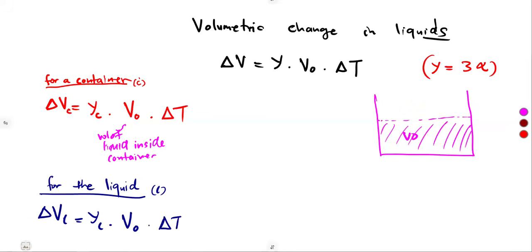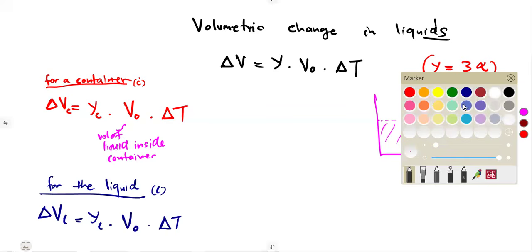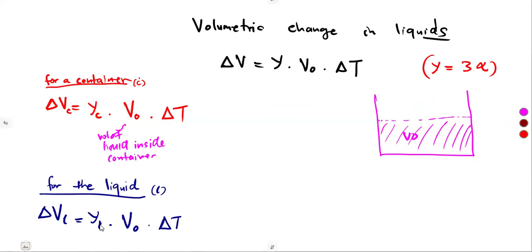So what just differed here is the volumetric expansion of the liquid. Take note. The volumetric expansion for what? For the liquid. This is the one that we are talking about.